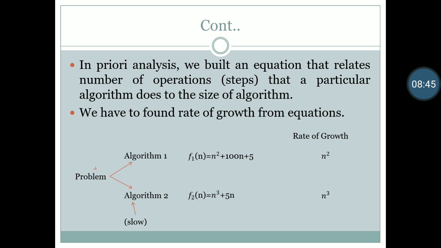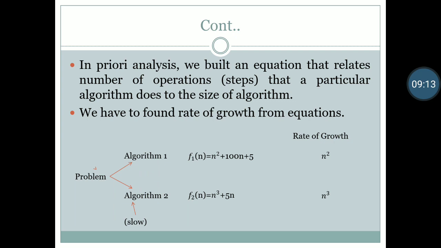We will consider only the biggest power from each equation. From the first equation we will consider n square, and from the second equation we will consider n raised to cube. If our equation's rate of growth is more, then our algorithm will be slow.